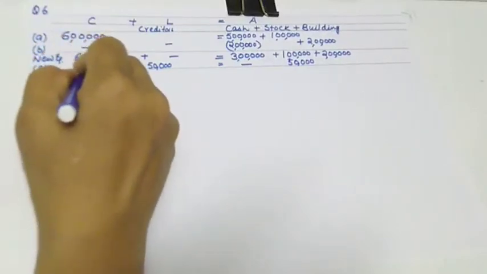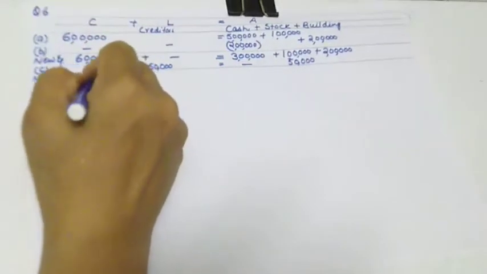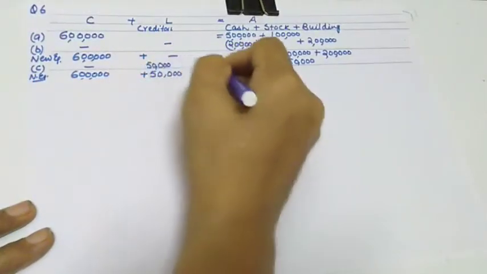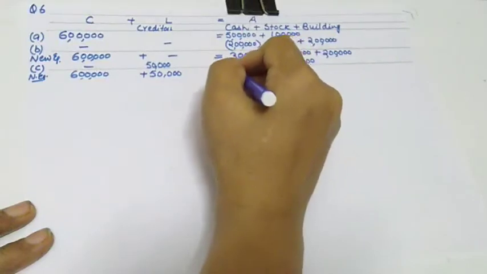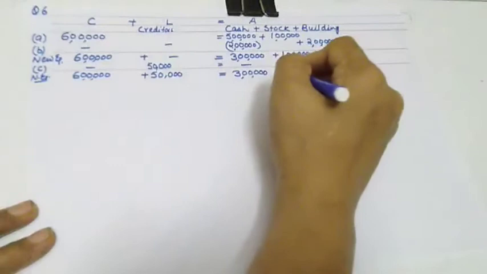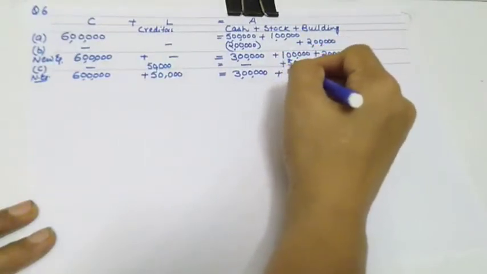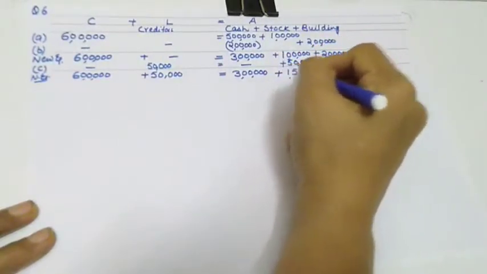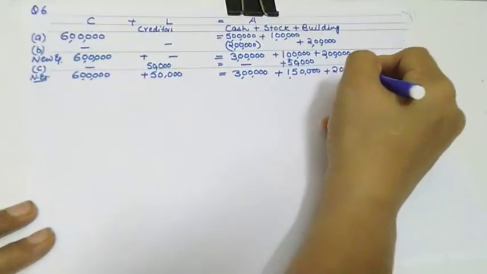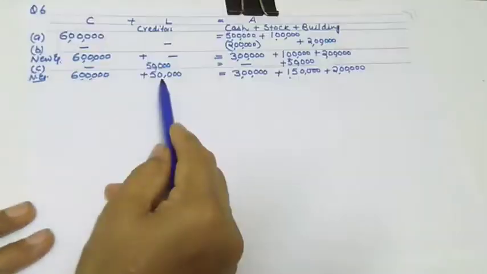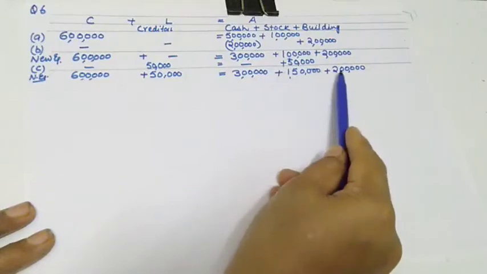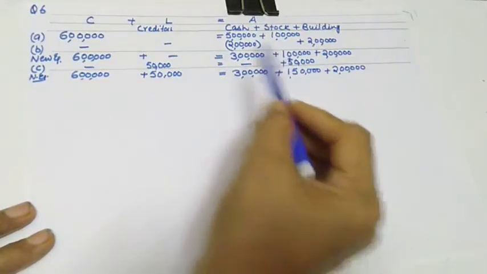New equation, 6 lakhs as it is, no change, plus 50,000 as liability is equal to no change in cash, plus this will be added to stock. So your stock is 150 and 2 lakhs as building. So let us check. This is 6,50,000 and this is 6,50,000. 350 plus 3 lakhs.